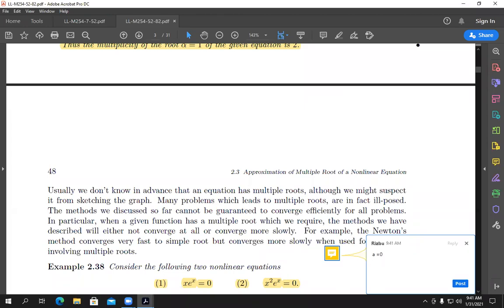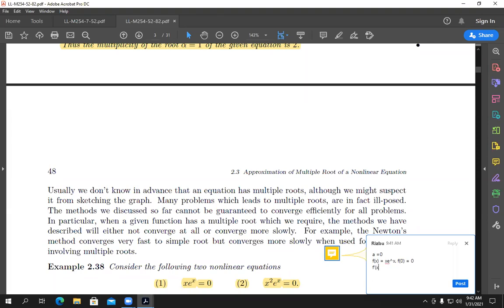Let's talk about the first one. What is your f? f(x) equals x e^x. So what is f of 0? 0. Alhamdulillah, this is a root. Now you check only f dash. f dash is e^x plus x e^x.